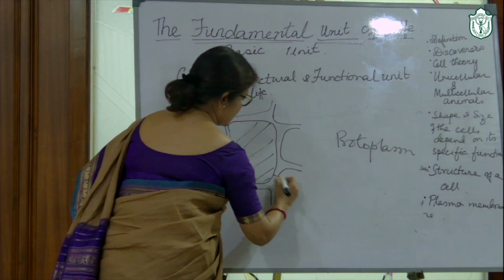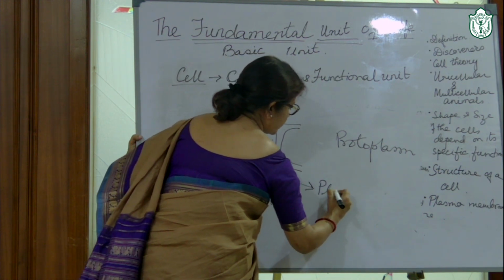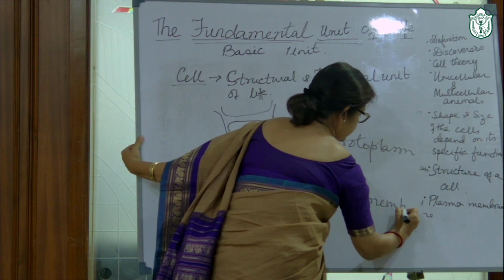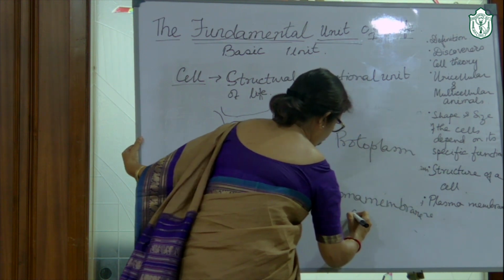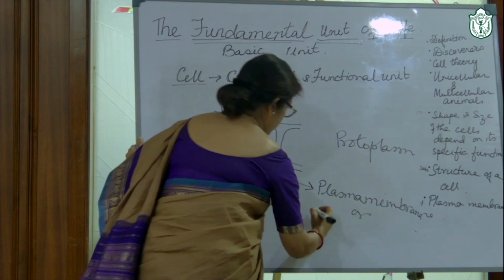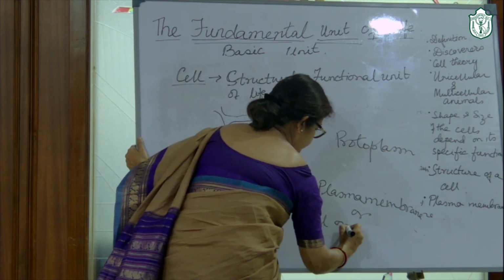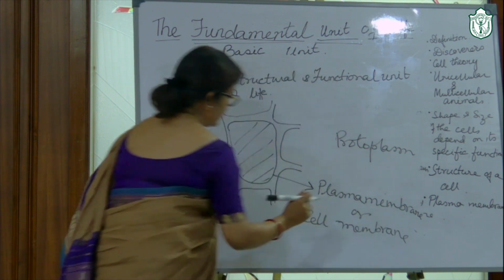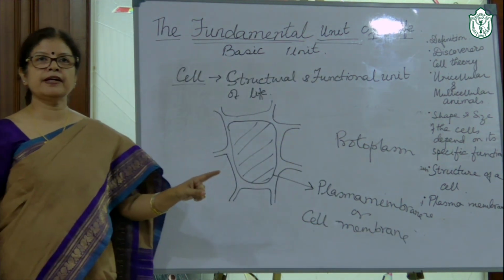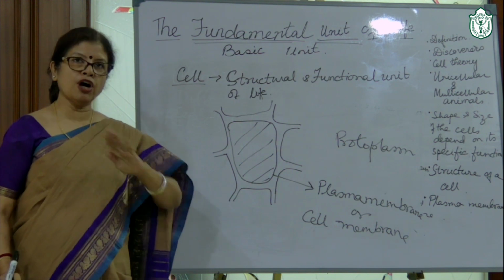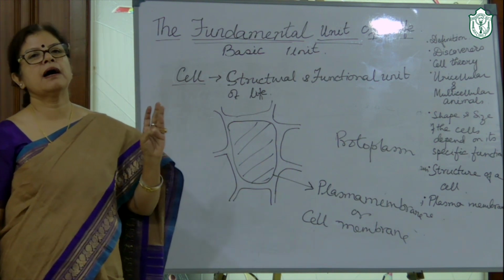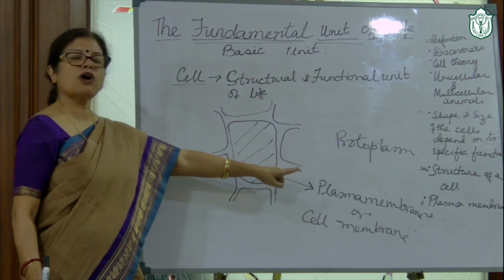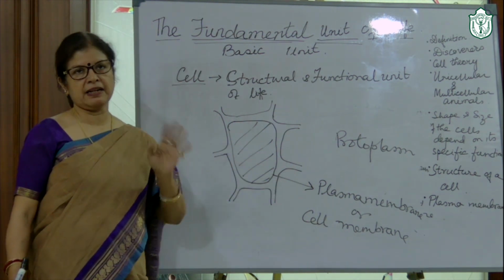That is the plasma membrane, or the cell membrane. So the outer covering which is present in all cells, a bacterial cell, a plant cell, an animal cell, all cells, that is the common one, the plasma membrane or the cell membrane.